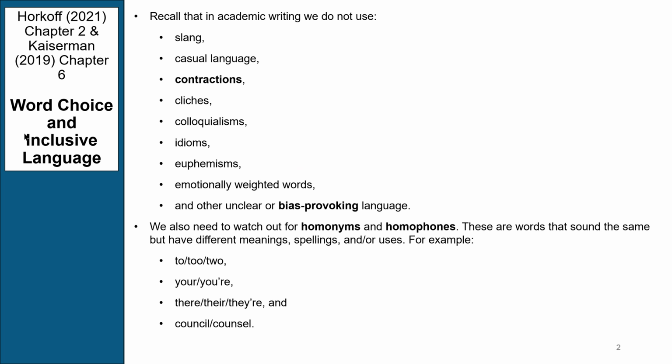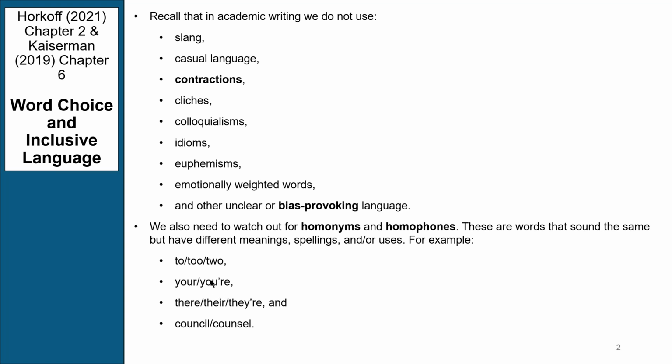So these are words that sound the same but have different meanings or uses or spellings. So common ones we see are to, too, and two. These are all used differently. They all function differently. I should never see you're with an apostrophe there in your writing because that's a contraction.